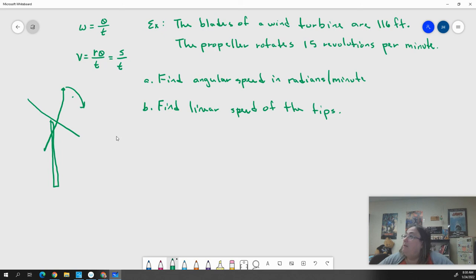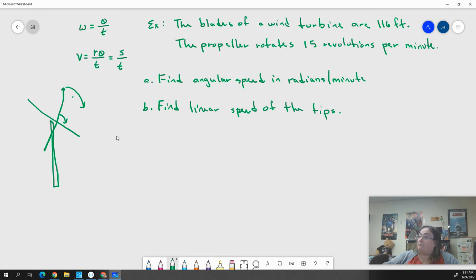We want to find the angular speed in radians, so the change of the angle. And then at the end, we're going to find the linear speed of the tip. How fast is that tip going around? What do we know about the propeller itself? It rotates 15 times every minute. That's what we know so far.